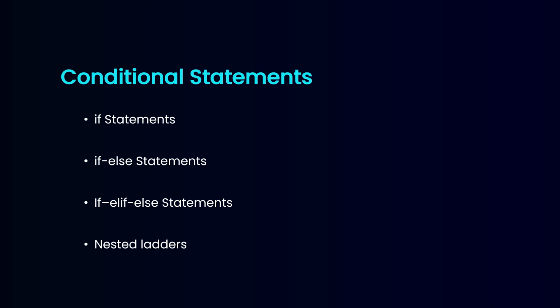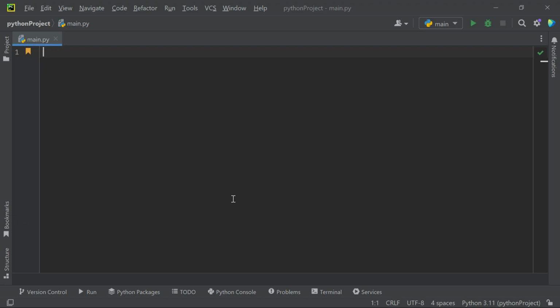So let me demonstrate it to you. So let's take age equals 20. So the if block will be written like this: if, and then we have to write the condition. So age is greater than 18. Let's create a voting app.